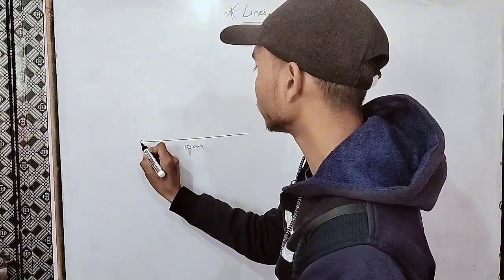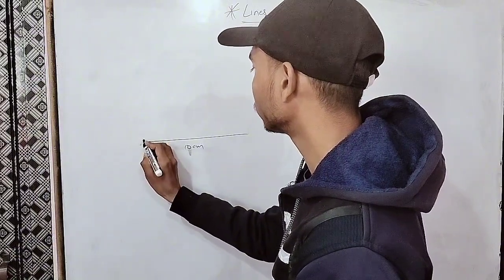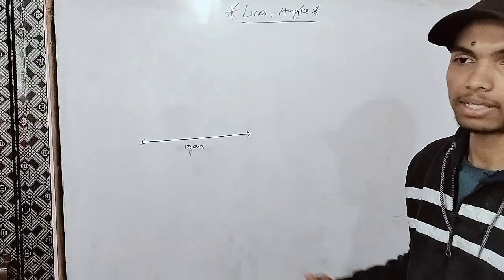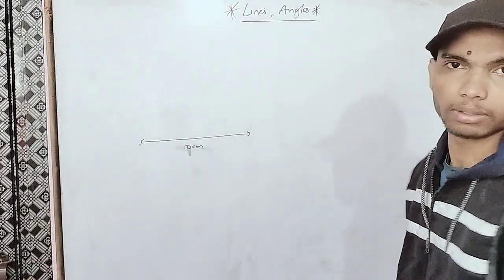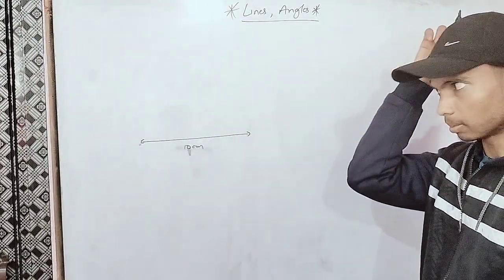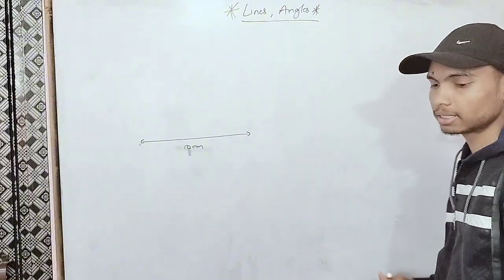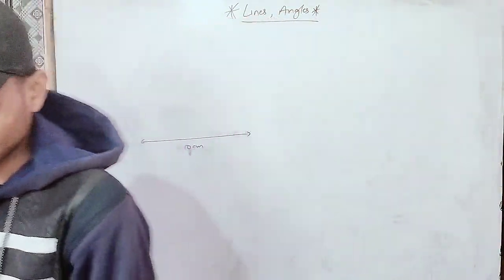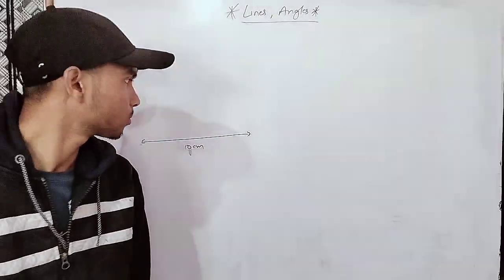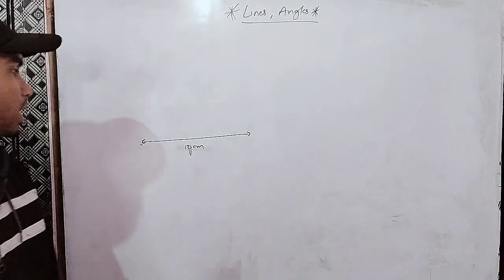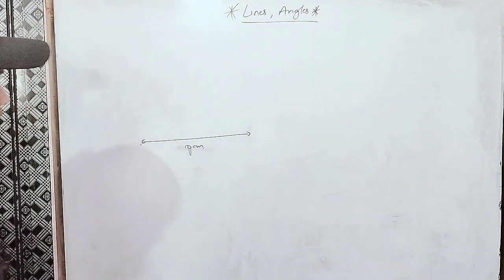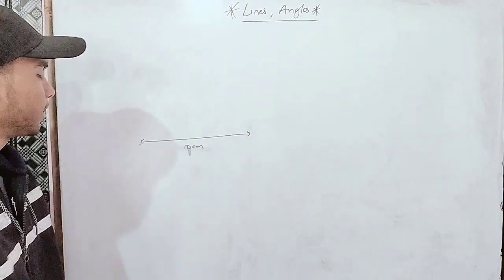But when we apply an arrow to this line, we can't say it has a distance of 10 centimeters, because the arrow indicates that it is an infinite line. The distance of this line is infinite. Clear?